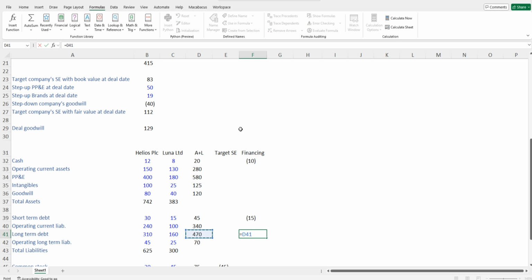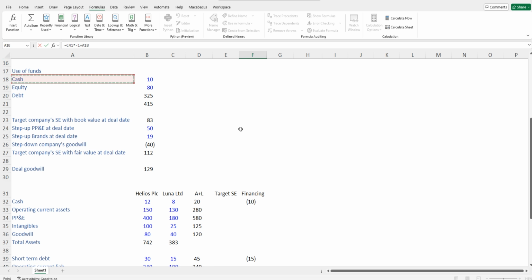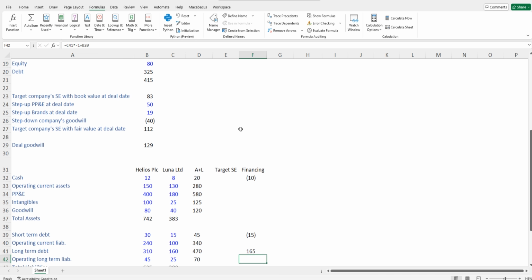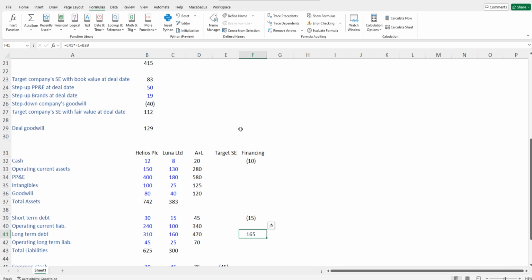I will retire this 160 long-term debt, so I make it negative and zero it out. Then you still have this new debt, 325, because after you retire the target company's debt, you still raise more debt to acquire this company. So you add that 325. At the end, it will be 165 long-term debt.